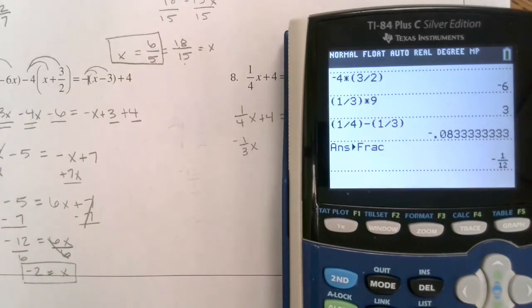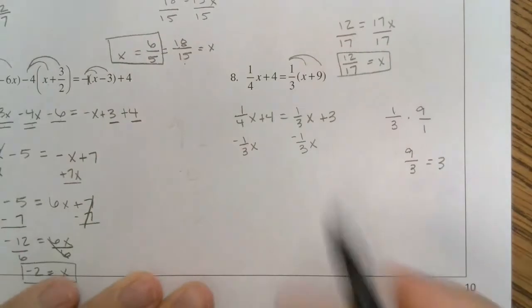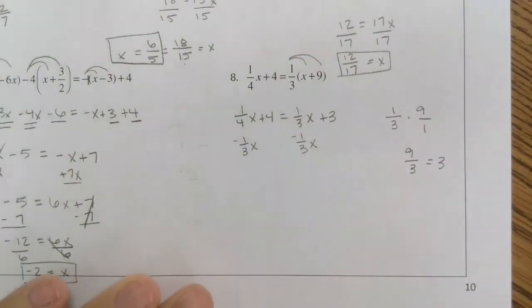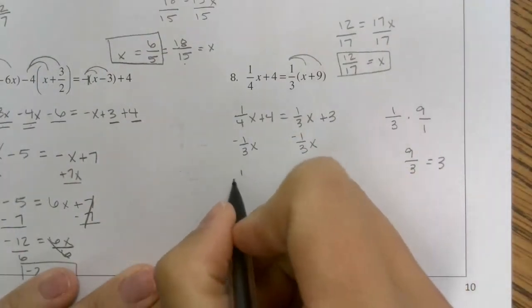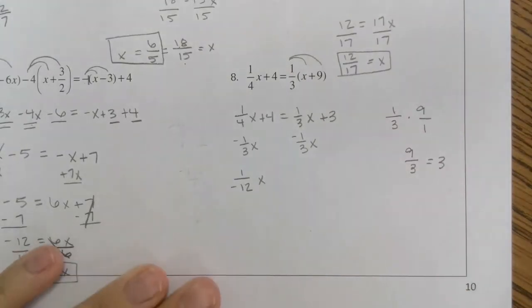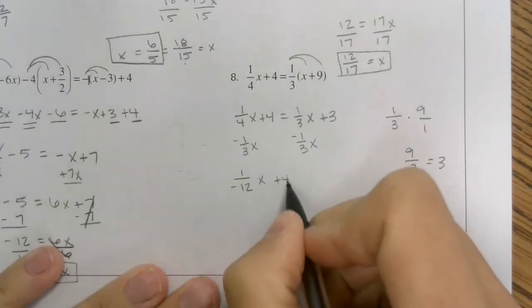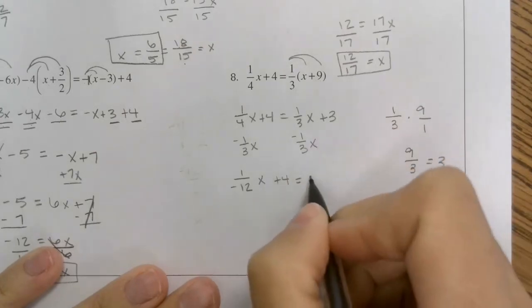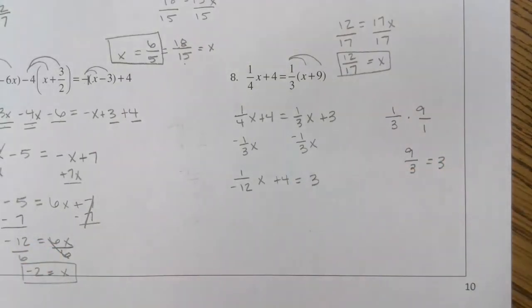So math, enter, enter will change it to a fraction for you. So it's -1/12. We'll keep our +4, and we have 3 left there on the right-hand side.